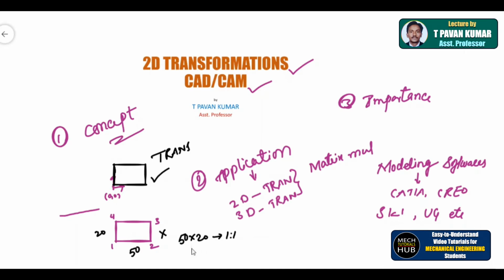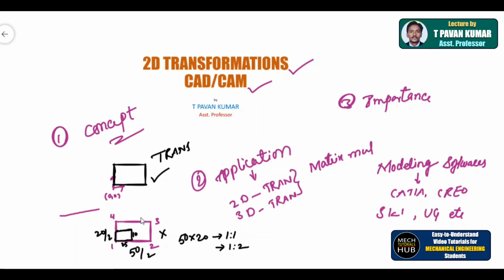If I want to scale down, then I'll just make it 1:2, means these dimensions are divisible by 2. So here the entity size is going to be something like this, where this complete width becomes 25 and this becomes 10. It is coming down by 2 units.